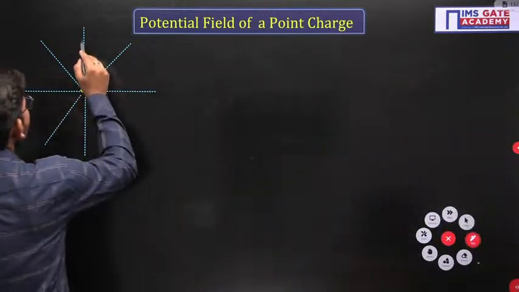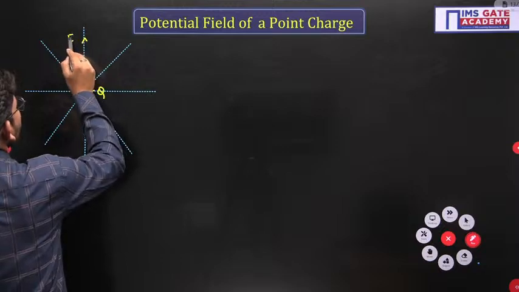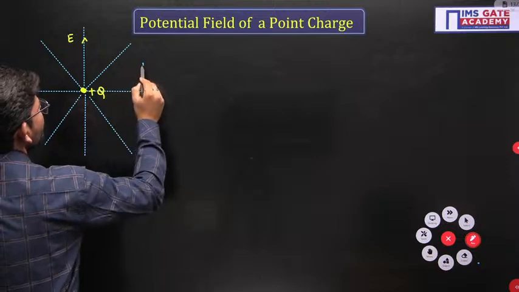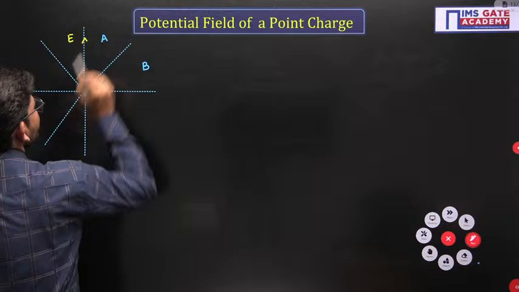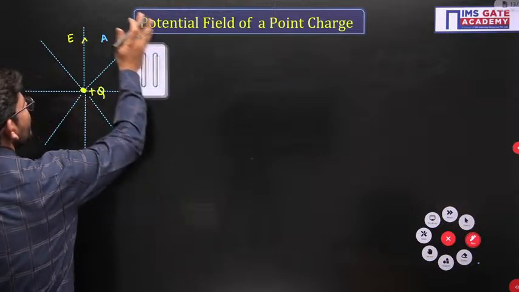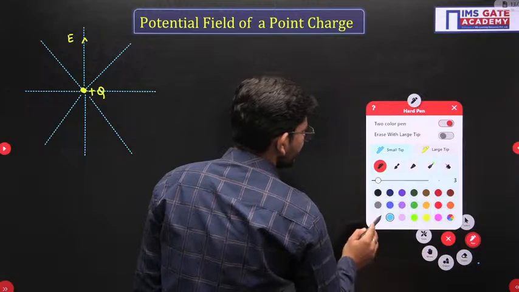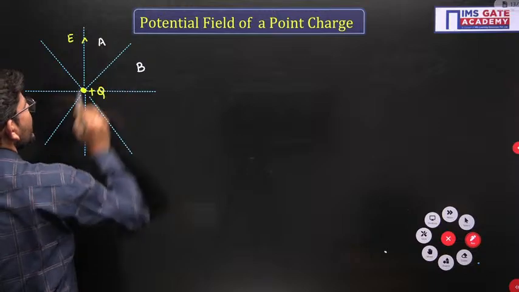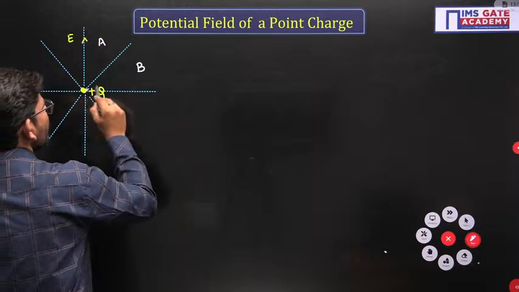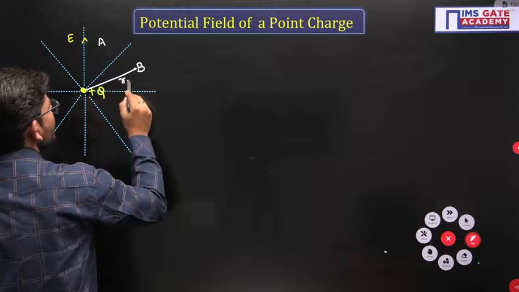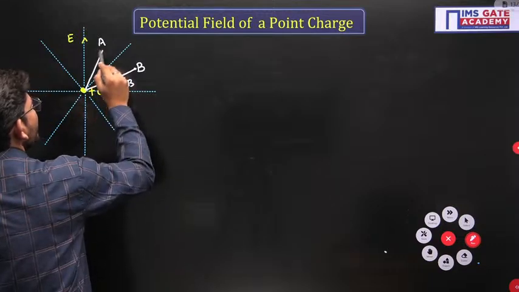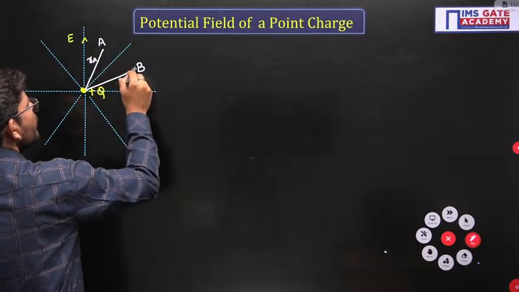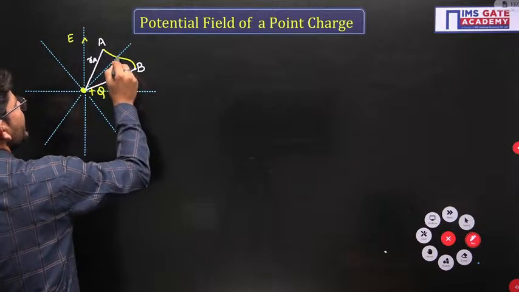In the influence of this electric field, let us suppose that we are moving from some point B to some point A. Let's suppose the distance of point B from here is RB, and the distance of point A from this point source is RA. And you are moving from point B to point A in this way.